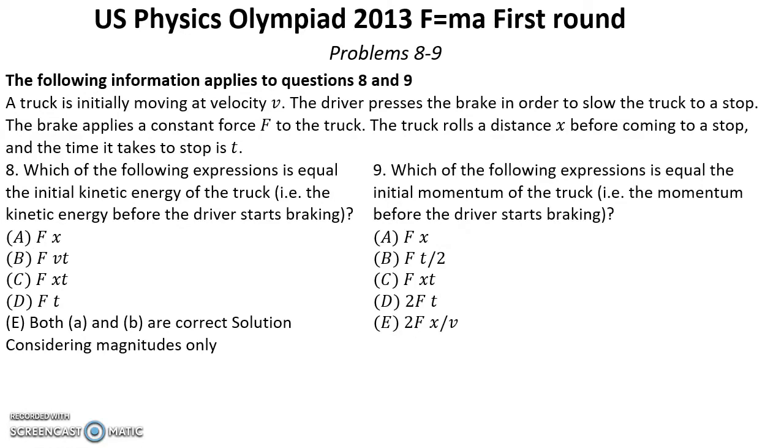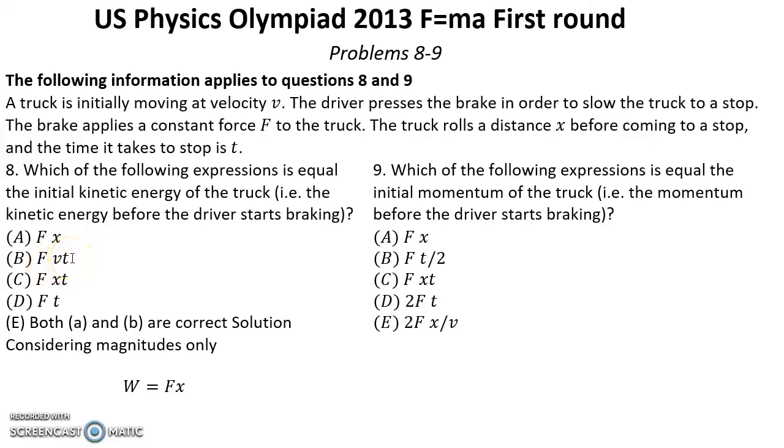Question 8. First of all, we can write that total work done by force of friction equal to initial kinetic energy of the truck. It means that it's equal to force multiplied by distance. And it means that answer A is correct. Let's check answer B. Here we have force multiplied by Vt.